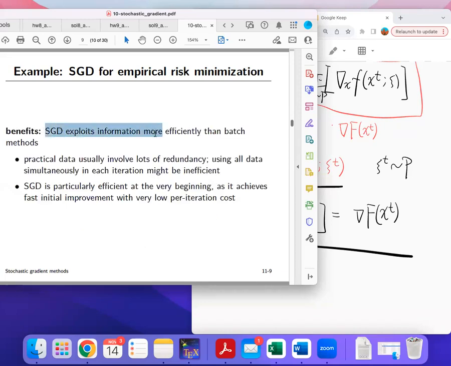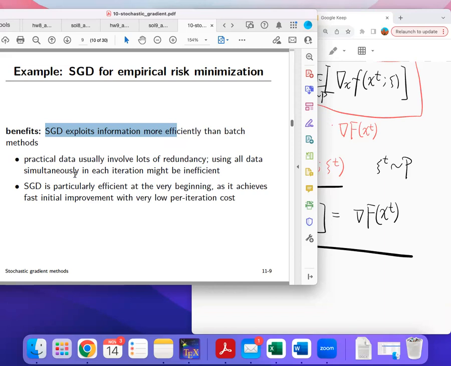So SGD is exposing information more efficiently than batch methods. This batch method is referring to the full gradient descent method, where you need to compute the full gradient every time. In practice, data involves lots of redundancy. Using all the data simultaneously in every iteration might be inefficient.